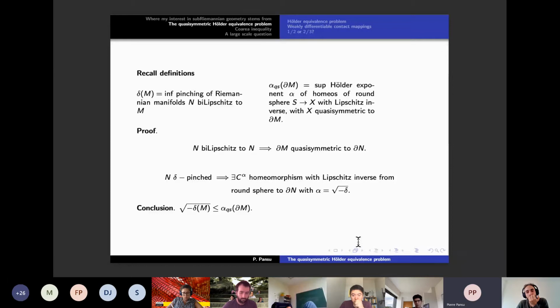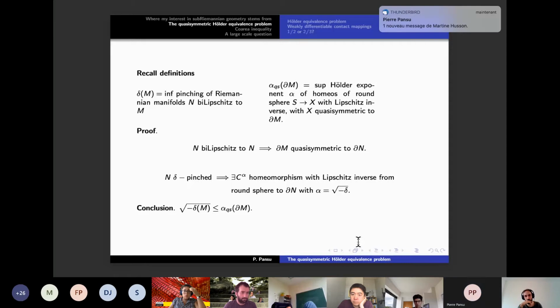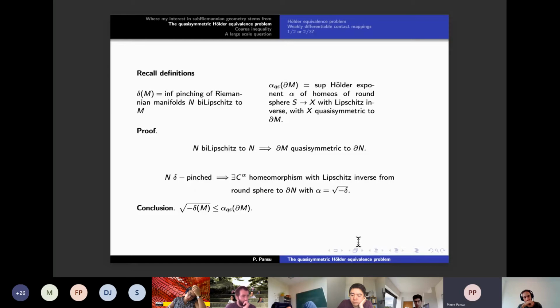In fact, a triple, two metric spaces, the two boundaries plus the round sphere, a Hölder continuous homeomorphism of the round sphere to one of the spaces with a control on its Hölder exponent, and the quasi-symmetric map between the boundaries. So by definition, this gives a lower bound on this alpha QS, which is a supremum. And this lower bound is precisely square root of minus the pinching.